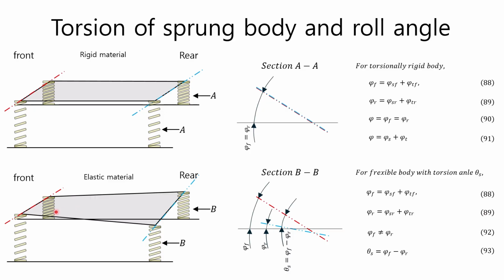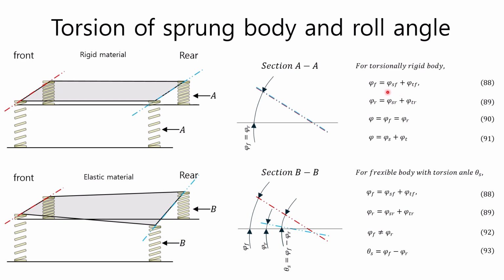As shown in the figure of section AA of the upper side, when the sprung object does not twist, the front axle roll angle phi f and the rear axle roll angle phi r of the sprung object are equal to each other. When the suspension stiffness is large and tire deformation must be considered, the roll angle of the sprung object on the front axle can be expressed by adding the roll angle of the front suspension and the front axle roll angle, as in equation 88.